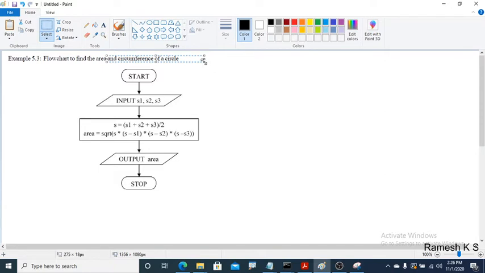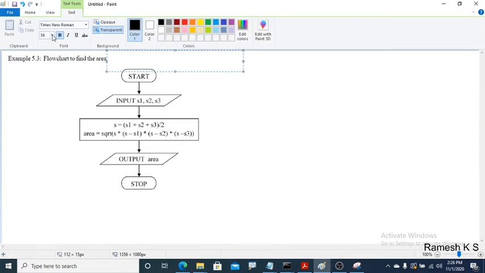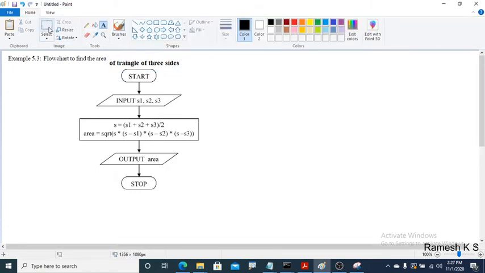Okay, I am removing this. Area of a triangle of three sides.